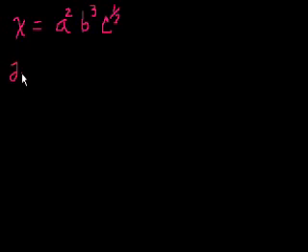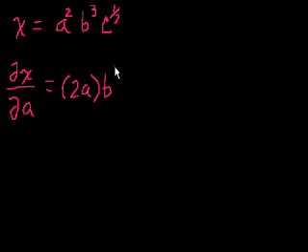Now, what is the partial derivative of x with respect to a? Well, everything else is just a constant. What's the partial of a squared with respect to a? Well, it's 2a, so it'll just be 2a times the constants, times b to the third, c to the 1/2. I could actually get rid of my parentheses there.